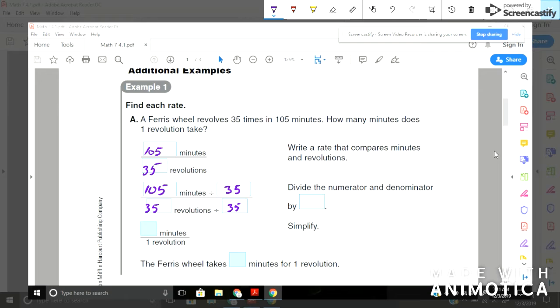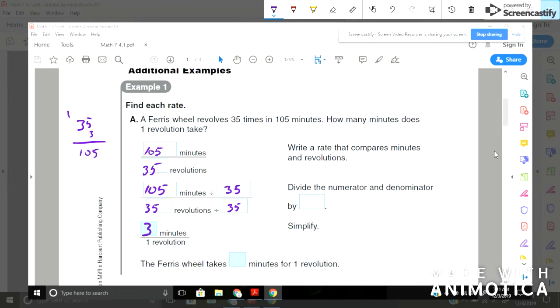Well, if you estimate this to about 30 or 40, 30, 60, 90, or 40, 80, 120, it's going to be around 3. Let's just check. 35 times 3, 15, 9, and 10. So perfect. It takes 3 minutes for one revolution. So what did we do?